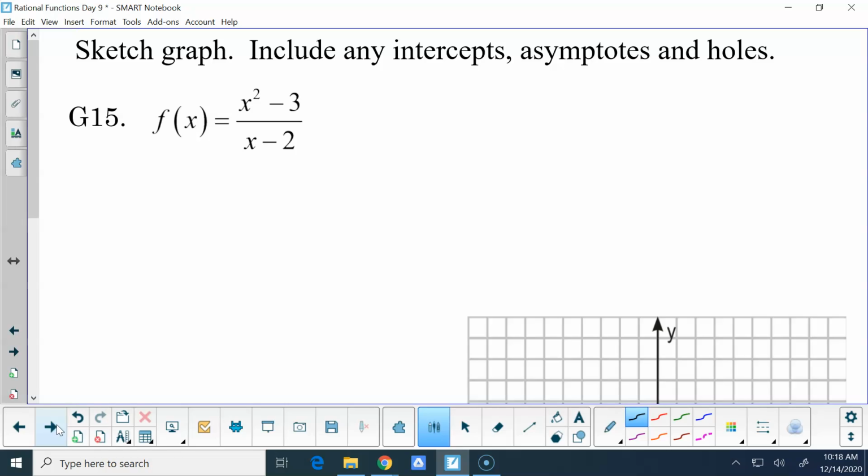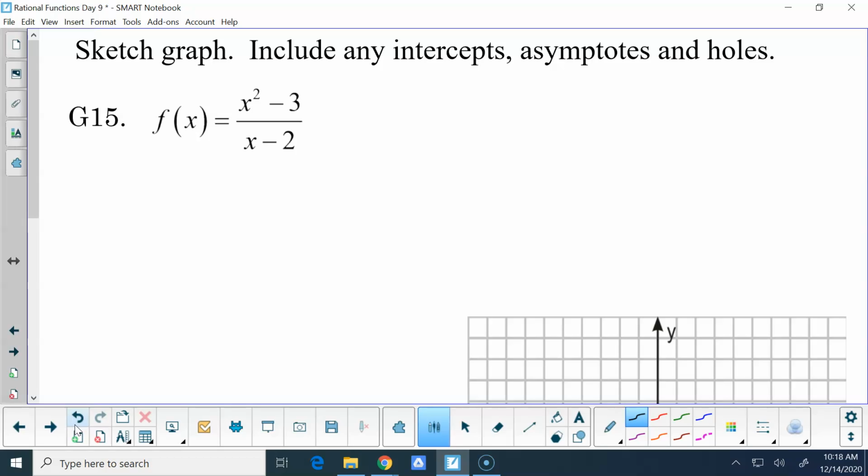Step 0 on our sheet, on our extra sheet that we should have up. What is step 0? Simplify? Okay. So step 0 is simplify.